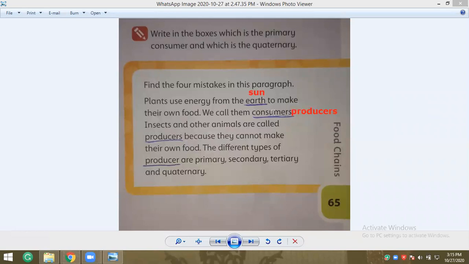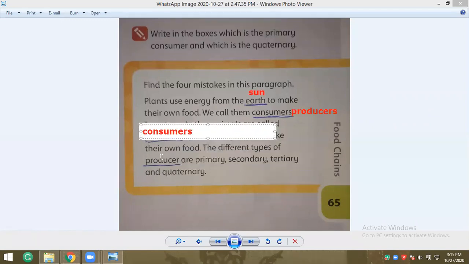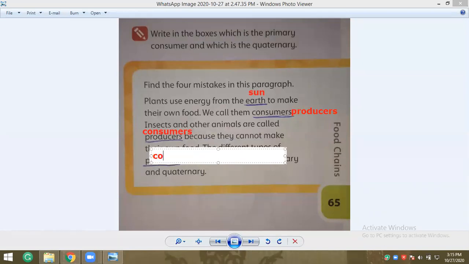Okay, this is wrong, not consumers. Here we will write producers. No, these are consumers. We write here consumers. Okay, next the same, consumer. Got it?